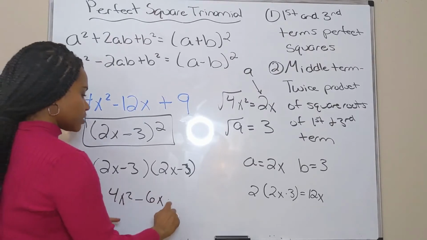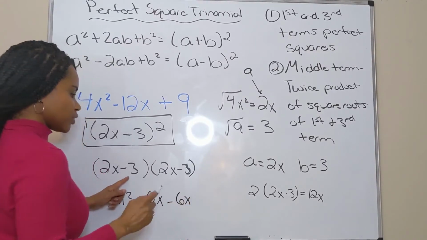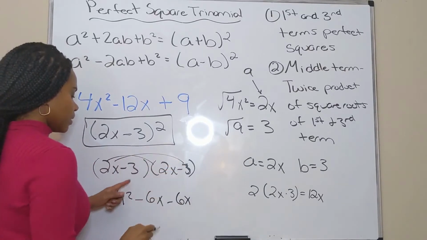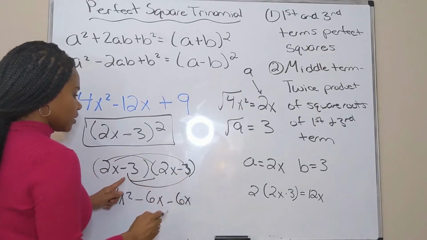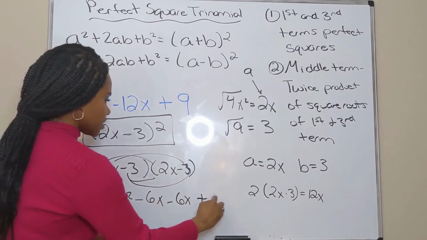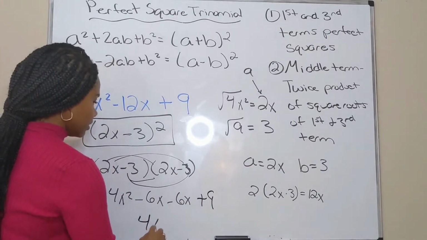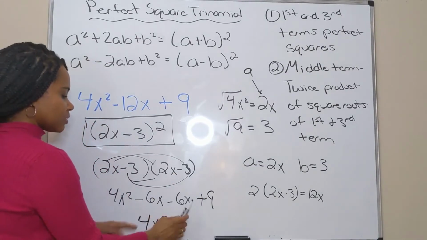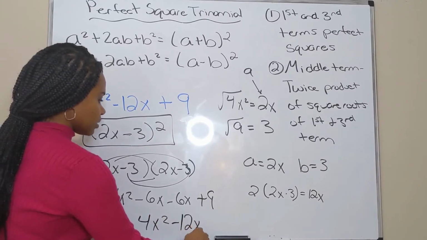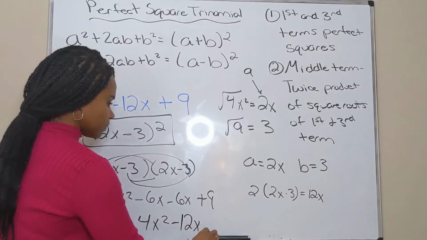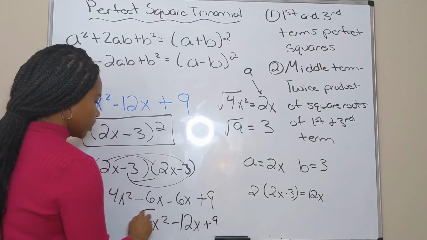Negative 3 times 2x, negative 6x. I'm just using the distributive property here. And then negative 3 times negative 3 is a positive 9. Combining my like terms in the middle here, that gives me what I had originally.